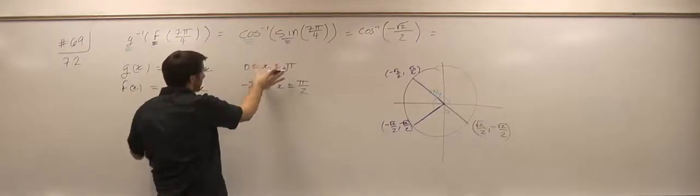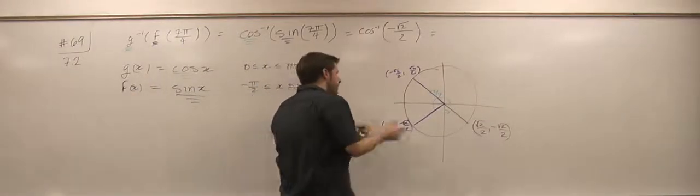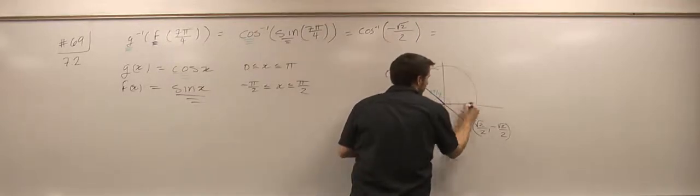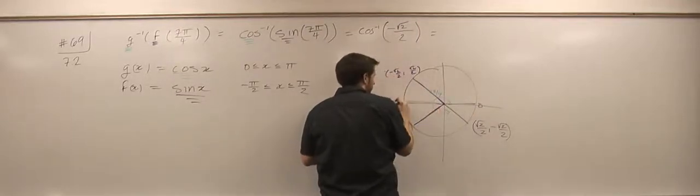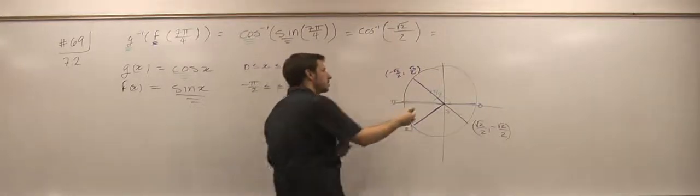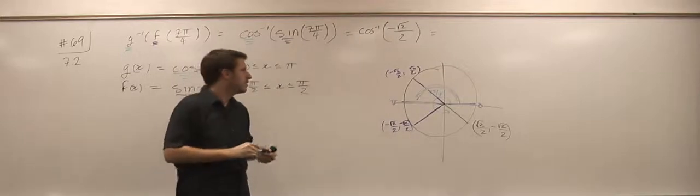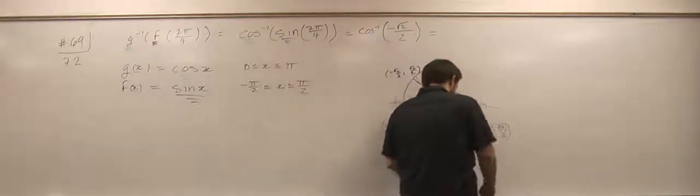It even writes it right here for you, but cos inverse always gives you angles between 0 and pi. Okay? So you know your cos inverse answer has to end up here. So what's my final answer to this problem?